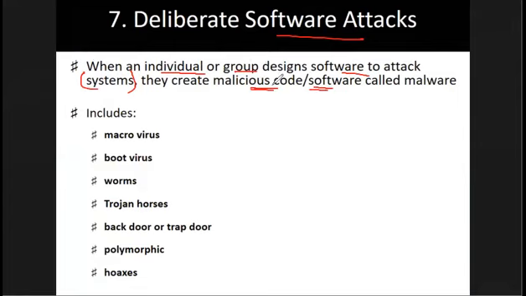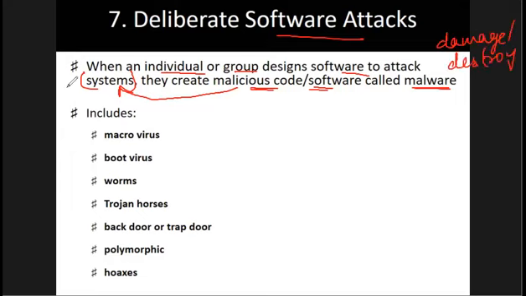They install this malicious code or software into the system so that they can get your information. This type of malicious code or software is called malware. Malware is your malicious code or malicious software. Why is this designed? This is designed so that they can damage or destroy the target system.